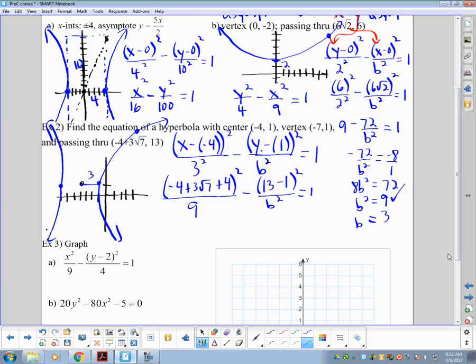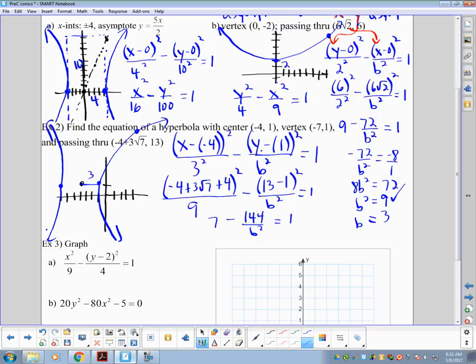And what does this whole term become? -4 and +4 will cancel out, right? 3 squared is 9. 9 times 7 is 63. 63 divided by 9 is 7, so it comes out okay. 7 minus 13 minus 1 is 12. 12 squared is 144, over b squared equals 1.